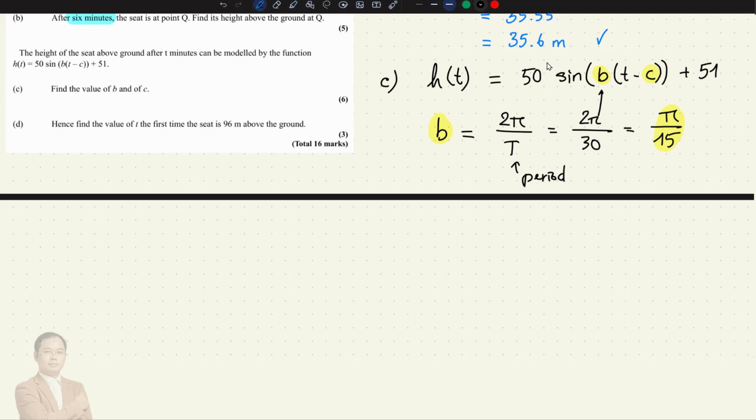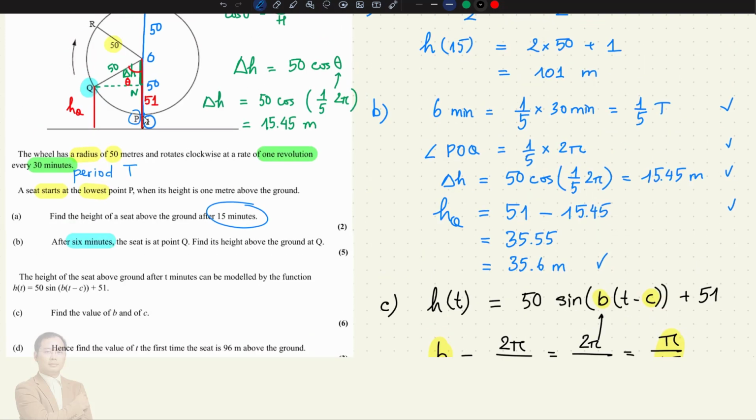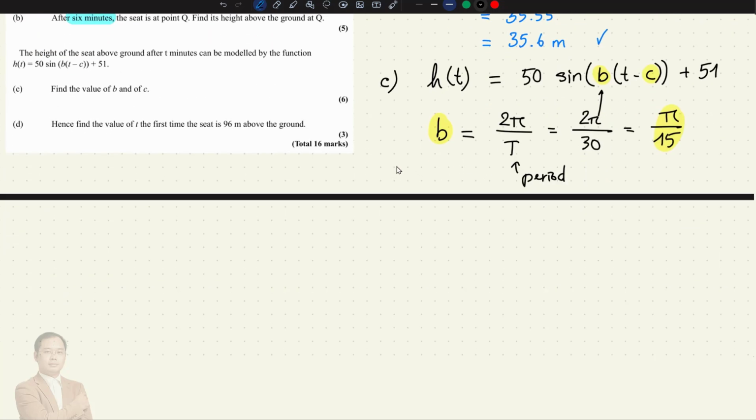Now, to find the parameter c, we need to use the information given in the initial statement. The seat starts at the lowest point P, meaning that the initial height of the seat is 1 meter above the ground when the time t is 0 minutes, so x(0) is 1 meter.